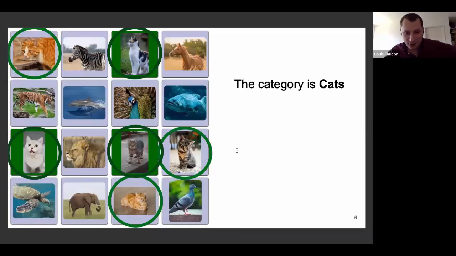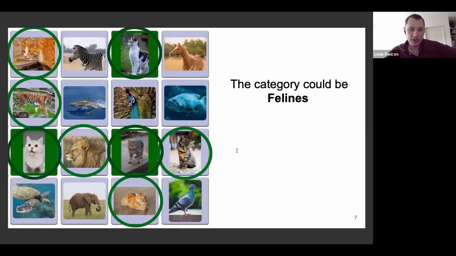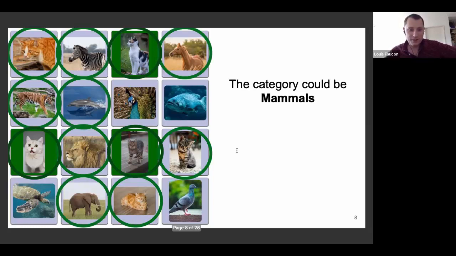So you might have guessed that the specific category I was thinking of is the category of cats. But actually, one thing we can see is that if you were thinking of the category of felines, it's also a compatible category based on the examples I've shown. Same thing for the category of mammals.